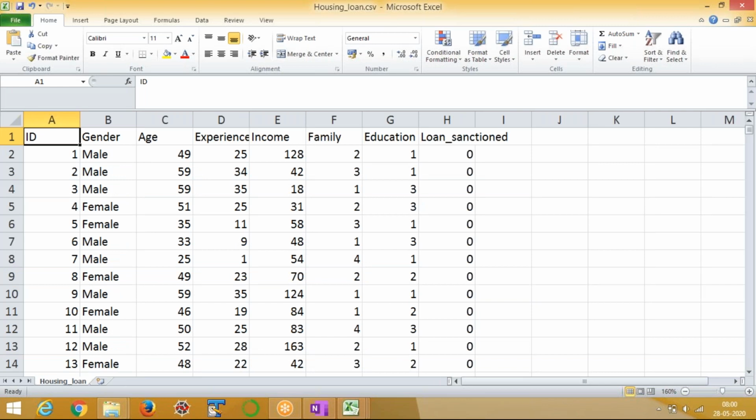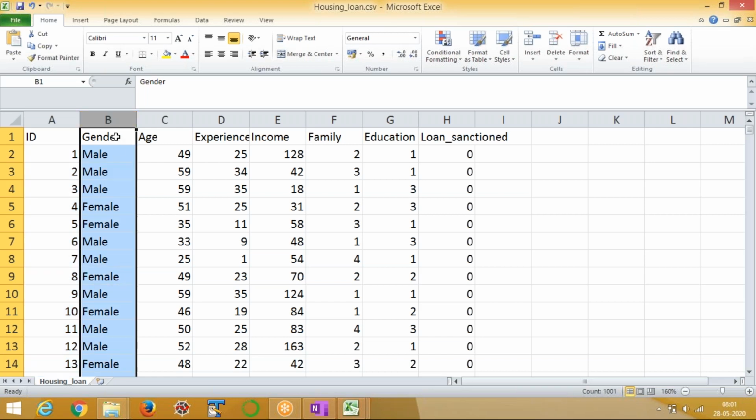Generally, this ID is not used for any analysis, but it will be helpful when two data sets get merged. Combining two different data sets into one place is what is called a merge. In what situations merge is used, I will tell when I talk about the data cleaning section. So let's ignore the ID variable.